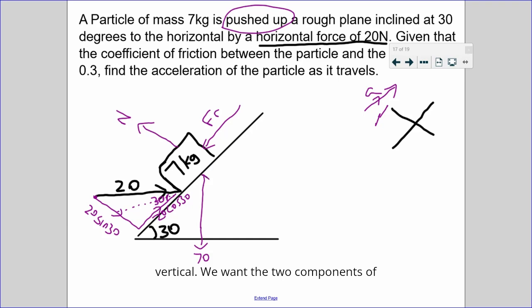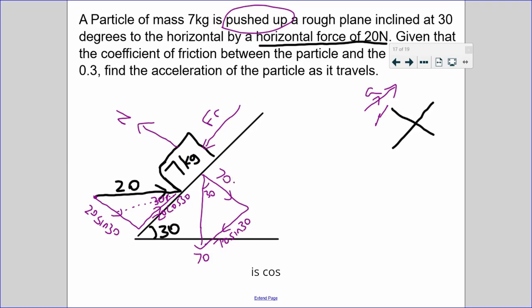We want the two components of weight so that they are in the direction of the slope or perpendicular. So opposite is sine, 70 sine 30, and adjacent is cos.